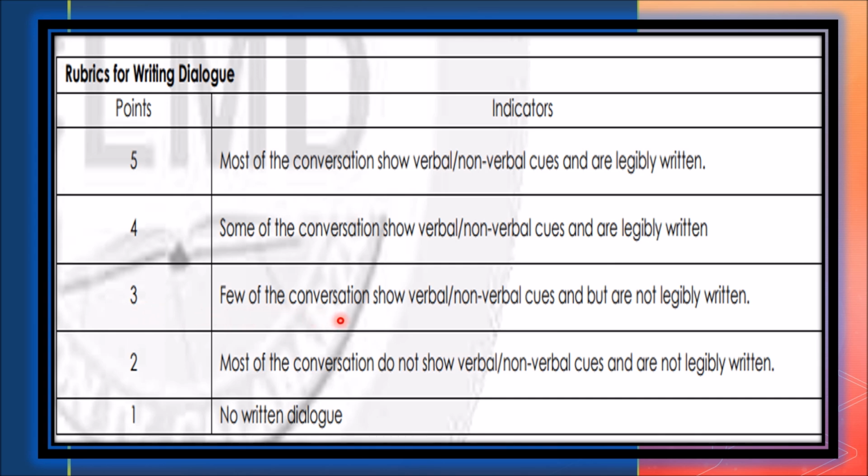Few of the conversation show verbal, non-verbal cues, and both are not legibly written. 2 points. Most of the conversation do not show verbal or nonverbal cues and are not legibly written. So, if there's only a point, no written dialogue. So, this is the rubric for writing a dialogue, okay?